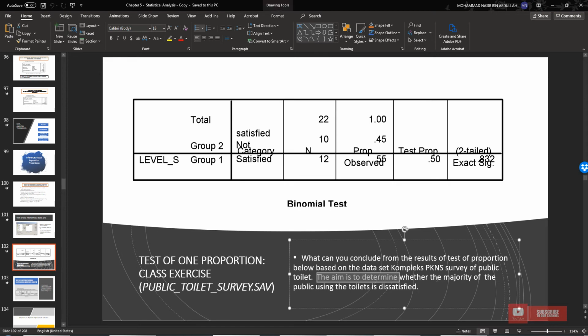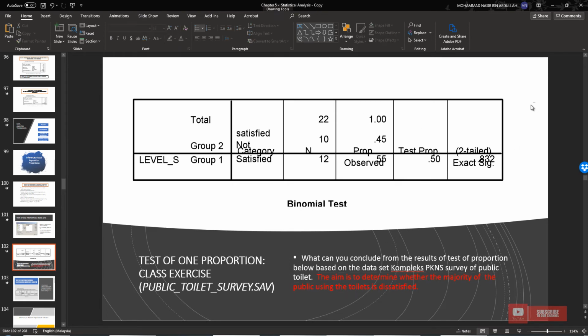The aim is to determine whether the majority of the public using the toilet is dissatisfied. So now you look here, this result looks a bit bad, because the category goes down to the bottom. Actually the category should be at the top, and also the observed proportion and test proportion should all be at the top, but it goes down to the bottom. I don't know why.